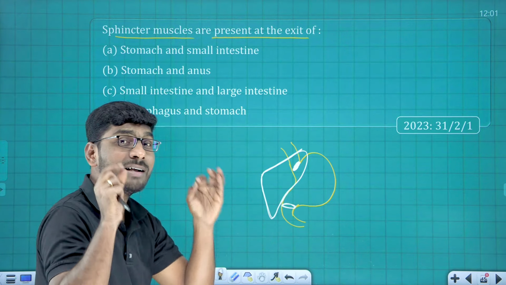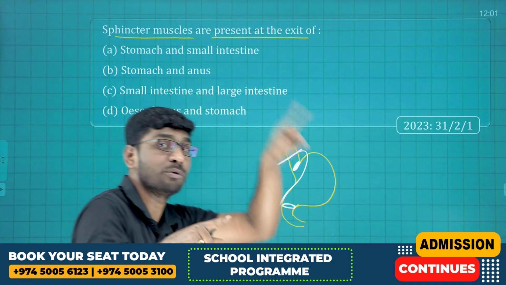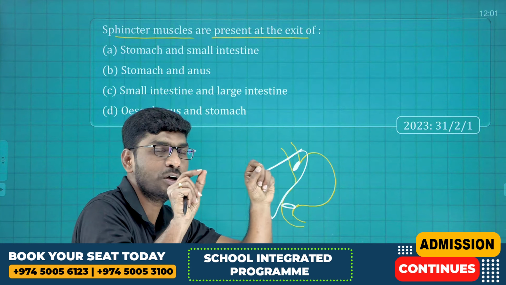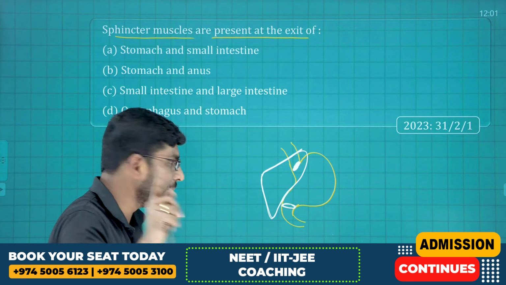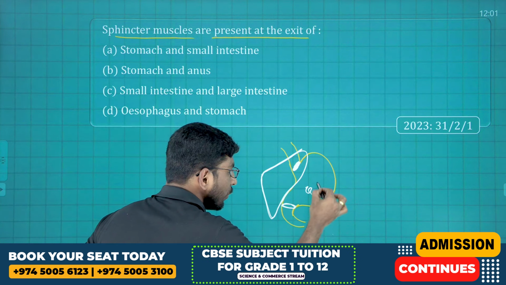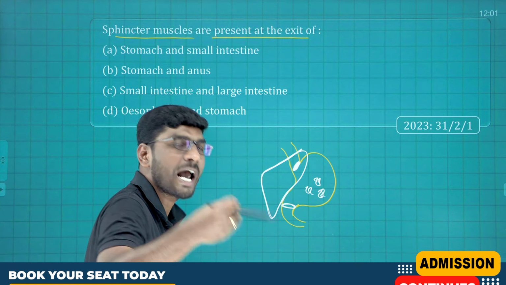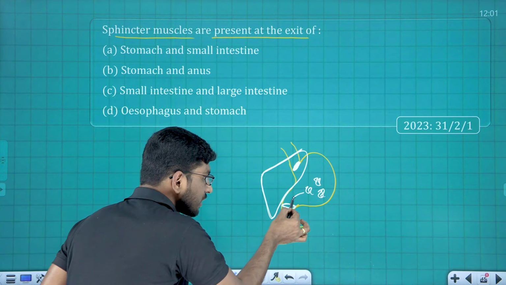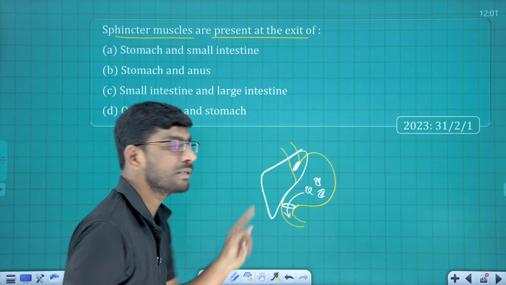Now listen. Undigested food goes from the small intestine to the large intestine. There also one ileocecal sphincter is there, but that's not mentioned in NCERT. Remember, the food partially digested in the stomach, which we call chyme, goes from the stomach into the duodenum through this sphincter.